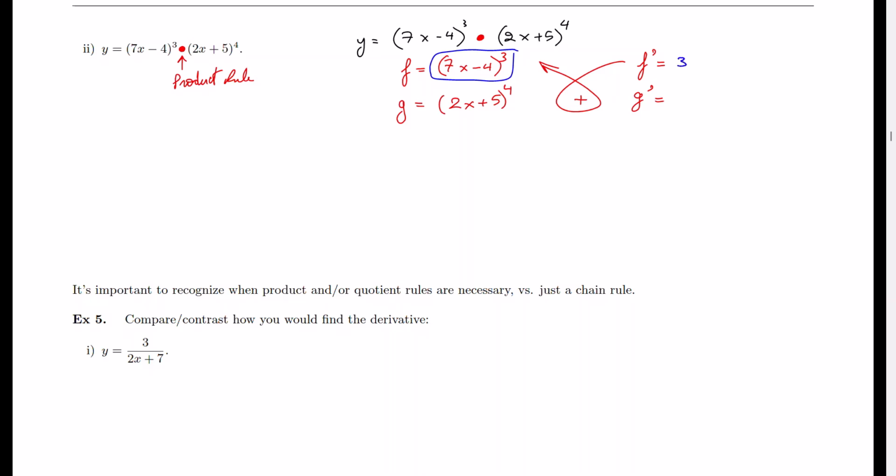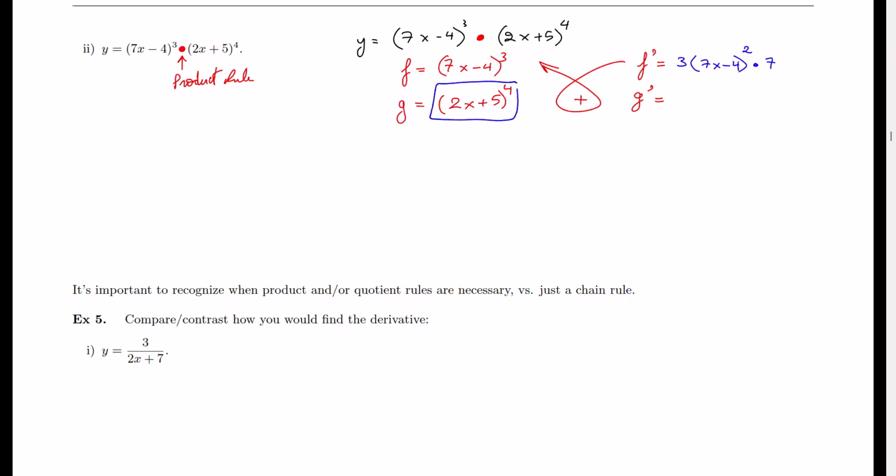Well, I bring the 3 down, then I subtract 1 from the 3, so it becomes 2. I write the base 7x minus 4, but I need to multiply by the derivative of the inside. The derivative of 7x minus 4 on the inside is simply 7. If you can mentally imagine 3 times 7 is 21 and write that down instead, that would be amazing. But for now, let's just keep it as is.